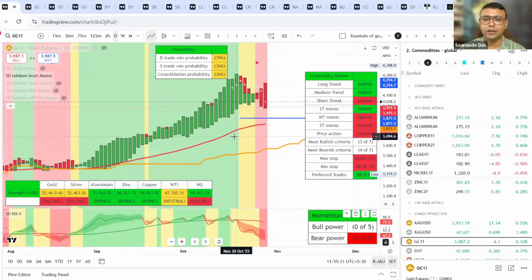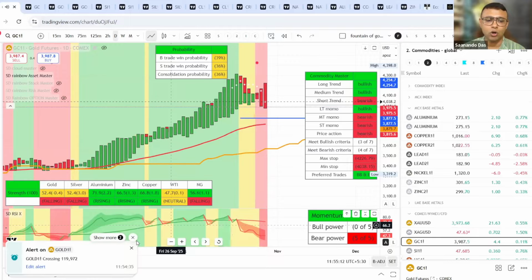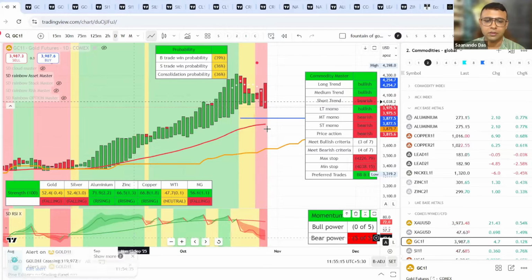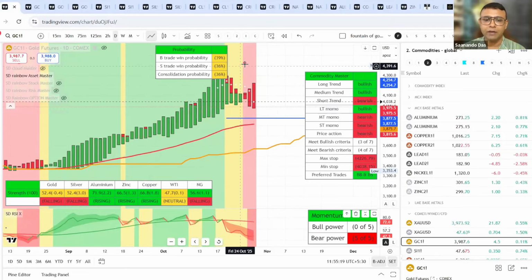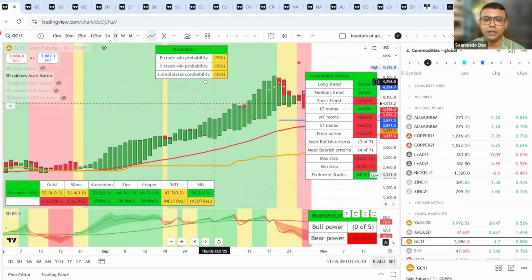Now let's look individually at what the commodity markets are suggesting. First, I'm looking at international gold on COMEX, the commodity exchange in the US. We have a sell signal. In my factor setup, I can see 9 out of 12 factors are bearish, clearly bearish pressure as per the daily chart. I have been warning about gold for quite some time.